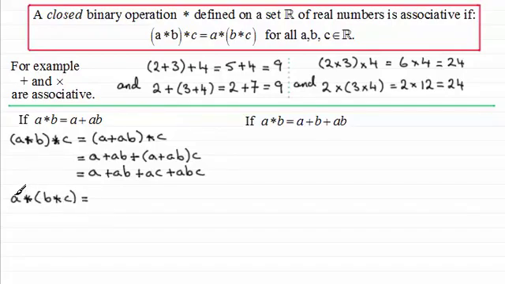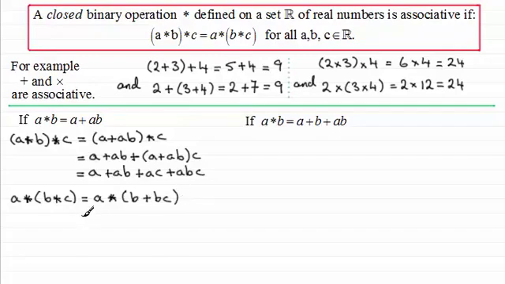So what we've got here is we'll put the A down first of all, A starred with the result of B star C. So according to this rule, it's the first element plus the product of the elements. So the first element is B, so we're going to have, and I'll put this in brackets, B plus and then BC.